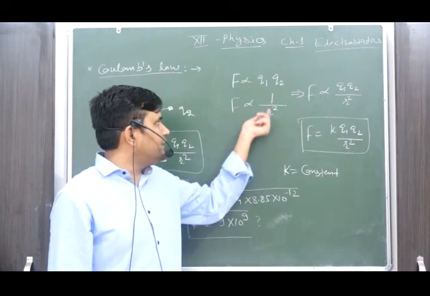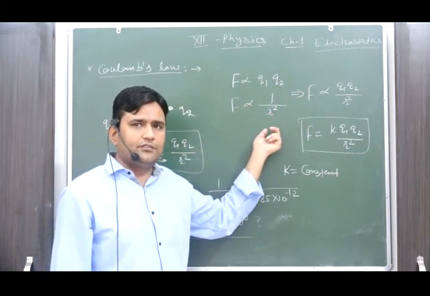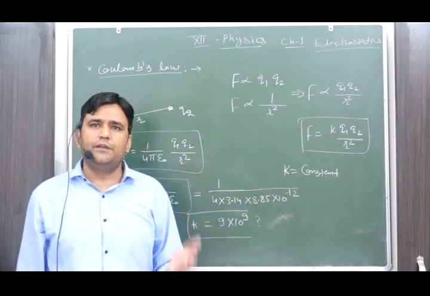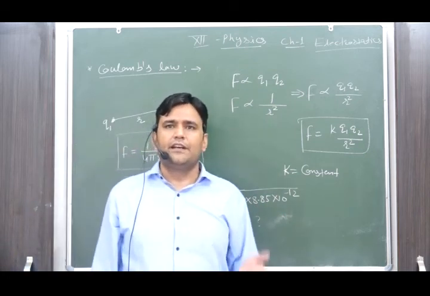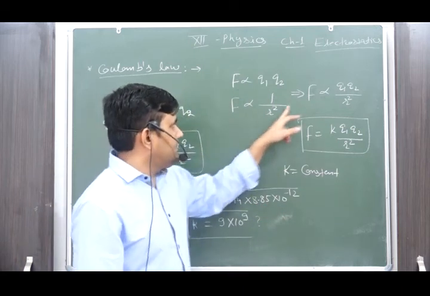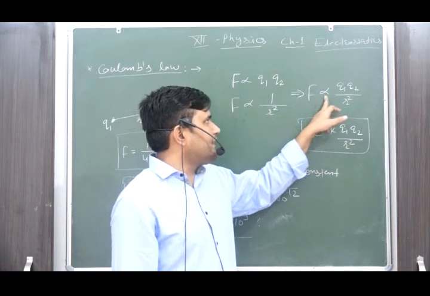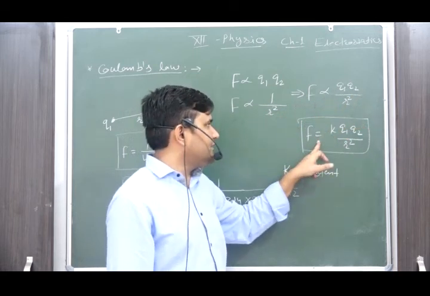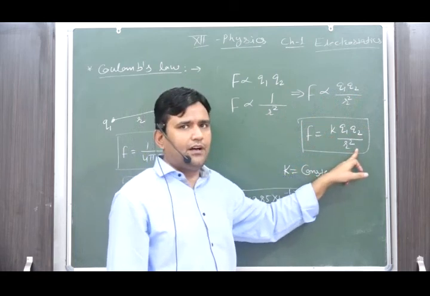Next, F is inversely proportional to r square. It means the electric force between the charges is inversely proportional to the square of the distance between them. In the combined formulation, F is directly proportional to Q1 Q2 upon r square, and then F is equal to K Q1 Q2 upon r square.